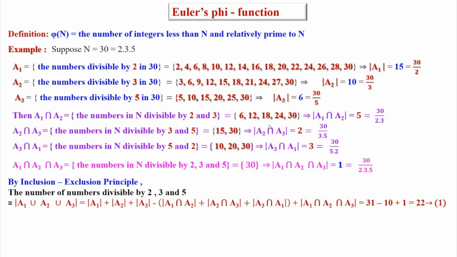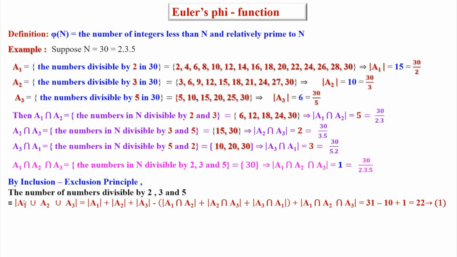So in this case it is 15 plus 10 plus 6, that is 31, minus 5 plus 2 plus 3, which is 10, plus 1. When we simplify, we get 22.